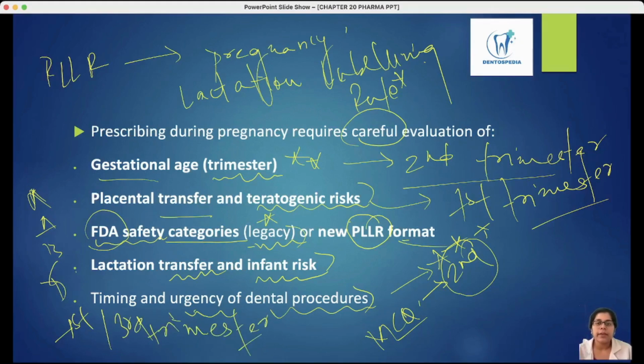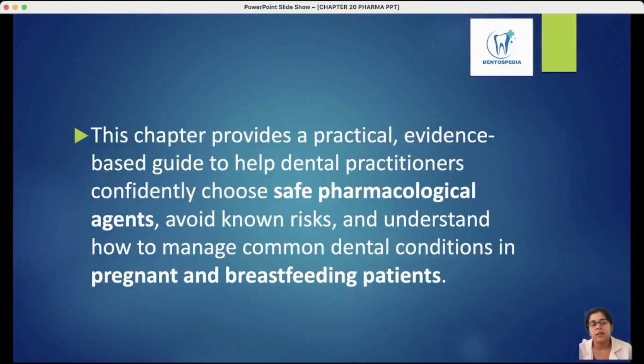Generally we avoid it, but if there is any emergency that you have to treat anyhow, then you can do it in a very safe environment. Now in this chapter you will be having a practical idea, evidence-based guides to help dental practitioners confidently choose safe pharmacological agents, avoid known risks, and understand how to manage common dental conditions in pregnant and breastfeeding patients.